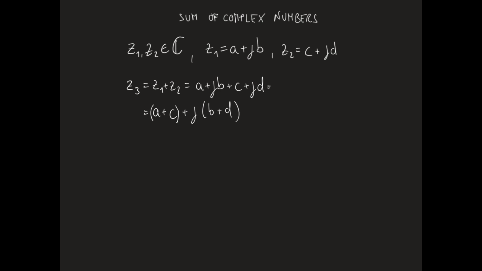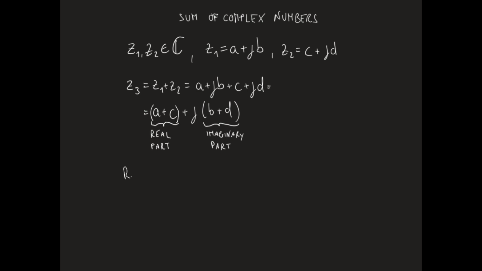So the sum of the two complex numbers is a complex number with real part a plus c, which is the sum of the real parts of z1 and z2, and imaginary part b plus d, which are the imaginary parts of z1 and z2.